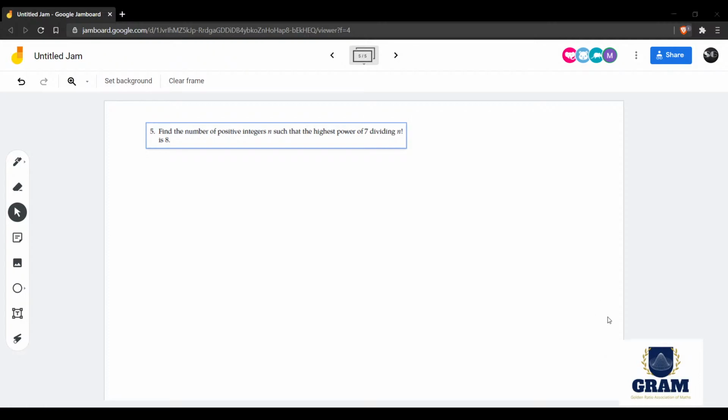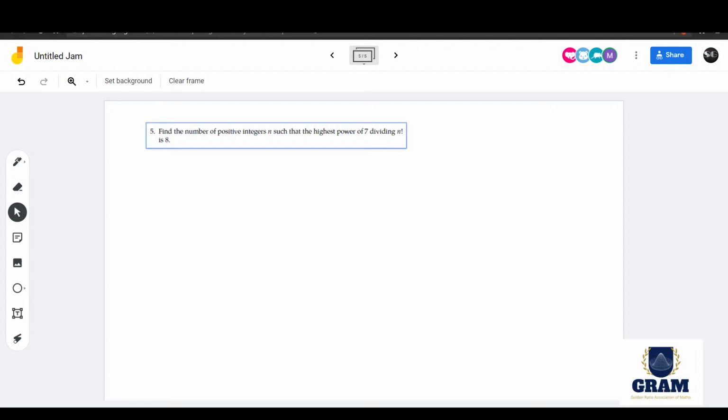You can go on checking the powers. At 56 you get 7 to the power 9, because 56 by 7 is 8, and once again you divide by 49, so you get 7 to the power 9. Actually all the numbers from 49 till 55 are the values of n.